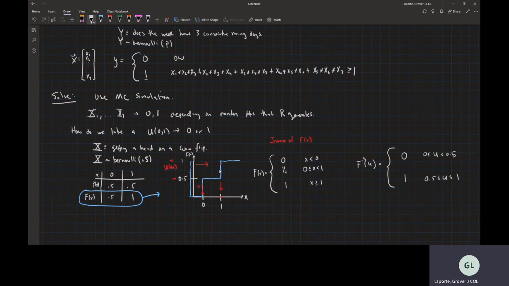So this is the inverse function, and u's are going in, and what's happening is x's are coming out. So x is equal to that.